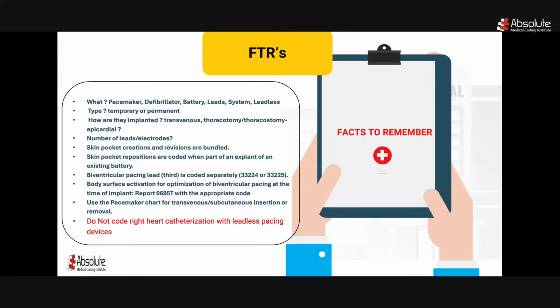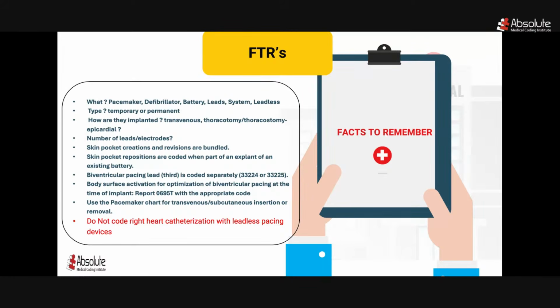That will give you an idea which category of codes we are looking into. Next, look for the type. Is this a temporary or a permanent pacemaker or defibrillator? And third, you have to see how they are implanted. Is it transvenous, thoracotomy, thoracostomy, or epicardial? Because we have different codes for all of these implantation procedures.